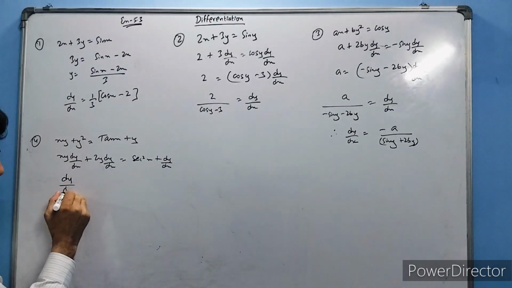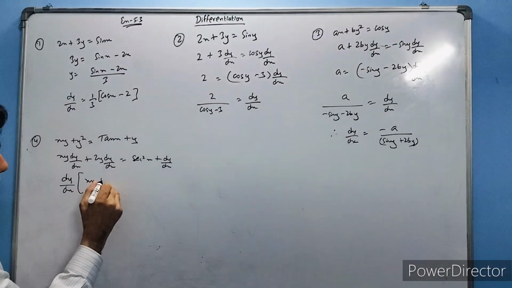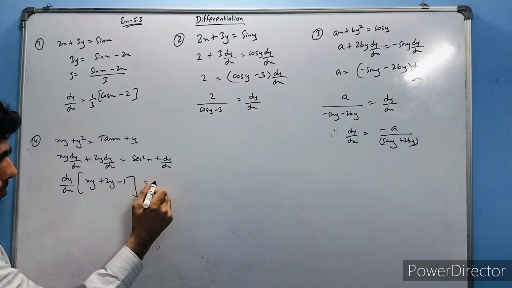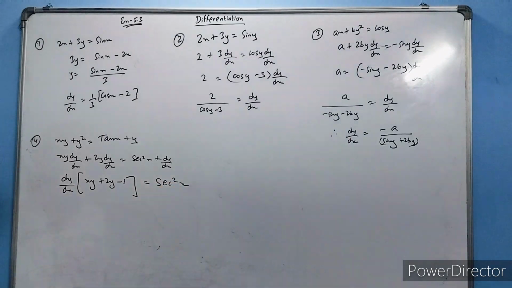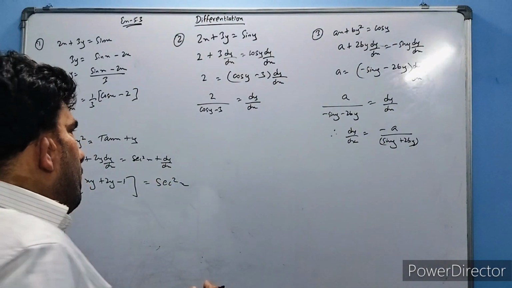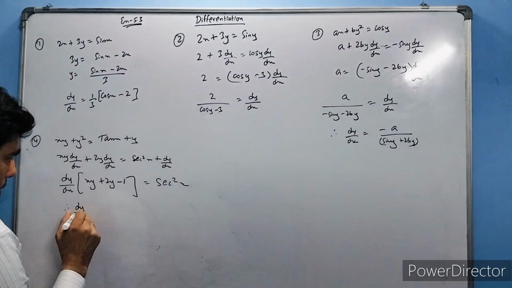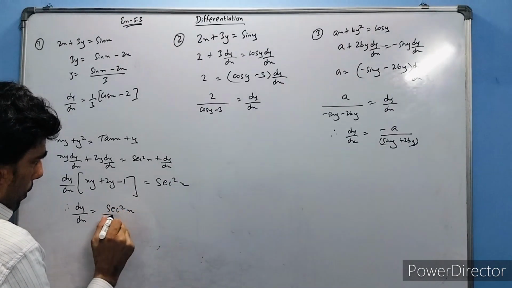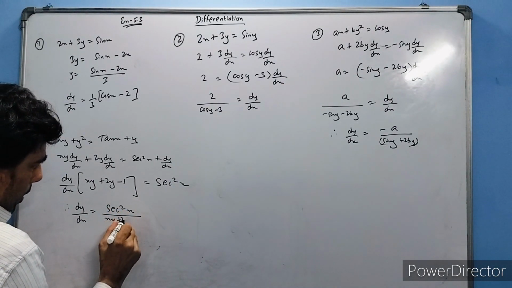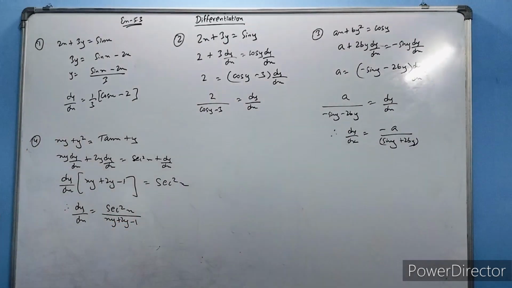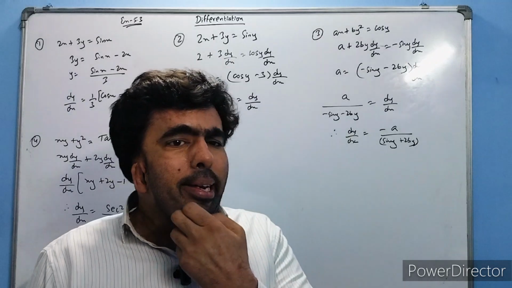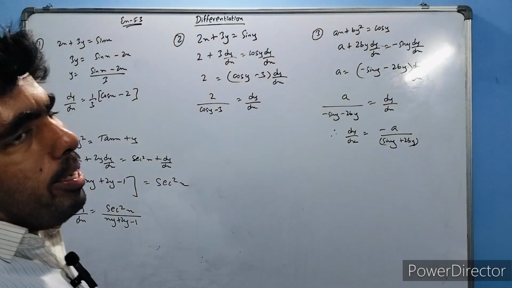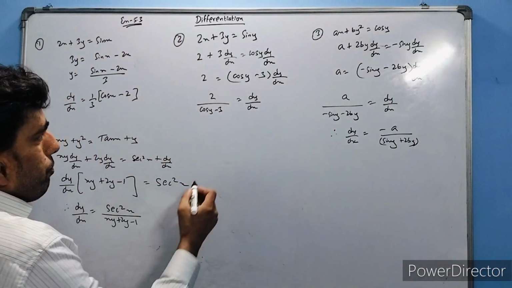We have dy upon dx (x plus 2y minus 1) is equal to sec square x minus y. Therefore, dy upon dx is equal to (sec square x minus y) upon (x plus 2y minus 1). That is how we differentiate the implicit function. So we have done 4.